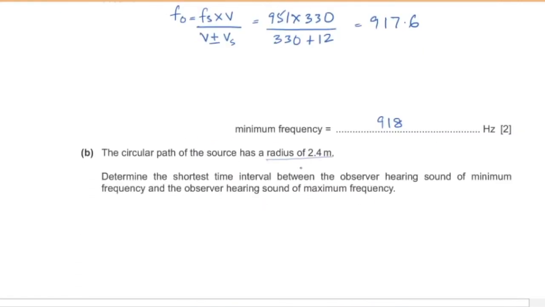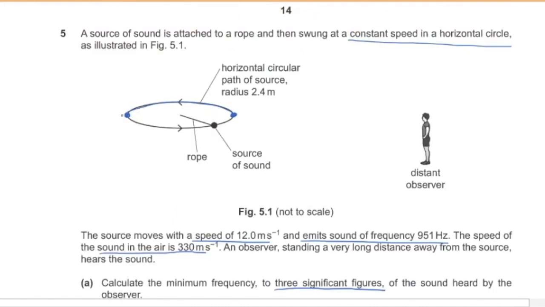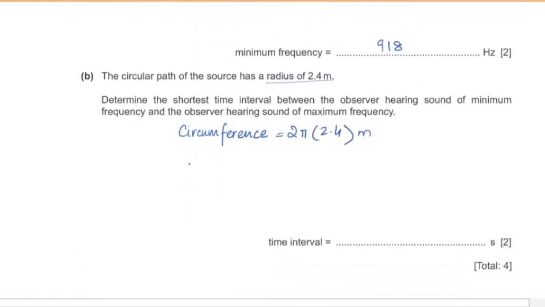Now the circular path that it travels has a radius of 2.4 meters. So the total distance it covers is 2 pi r, and r is 2.4 meters, so in total it covers 2 into 2.4 pi meters. So the distance between the point of minimum frequency and the point of maximum frequency is half of that, which is 2.4 pi meters.